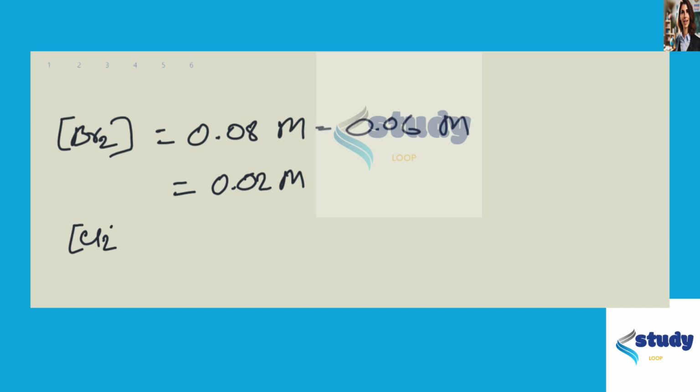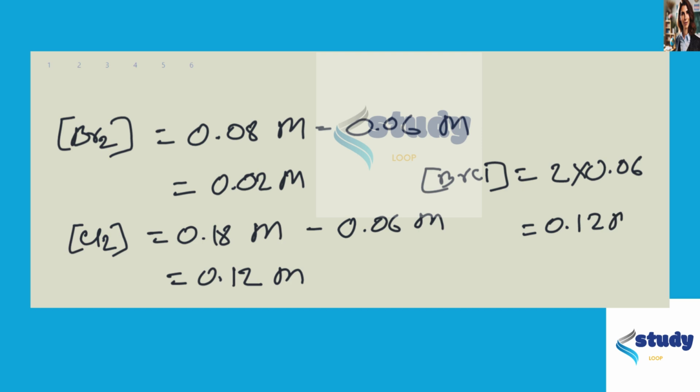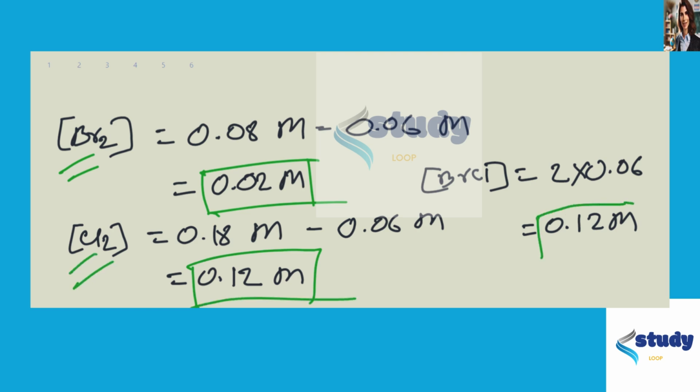For chlorine it will be 0.18 molar minus 0.06 molar, which is 0.12 molar. And for BrCl it is 2x, that means 2 times 0.06, which is 0.12 molar. So this is the equilibrium concentration for bromine, this is the equilibrium concentration for chlorine, and this is the equilibrium concentration for BrCl.